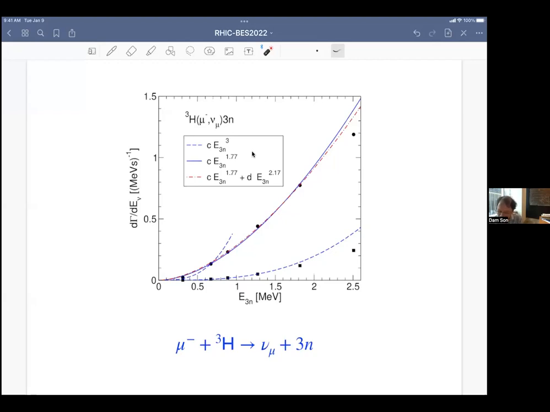And this indicates that our prediction isn't just some curious theoretical fact about unrealistic field theory, but it seems to be approximately satisfied in real nuclear reactions.